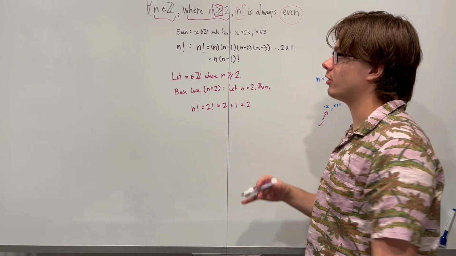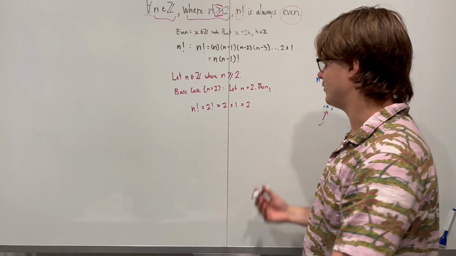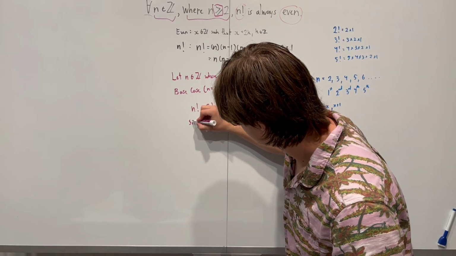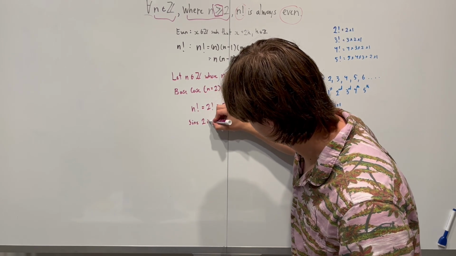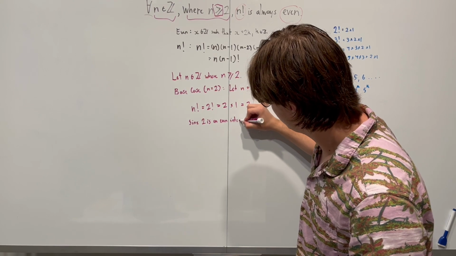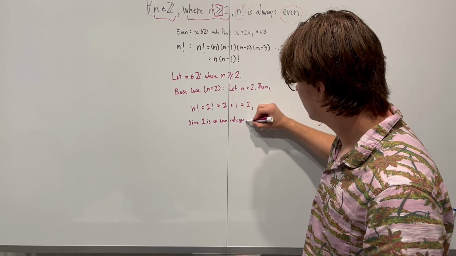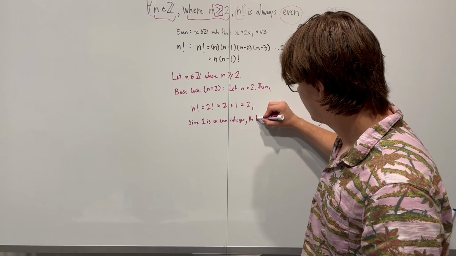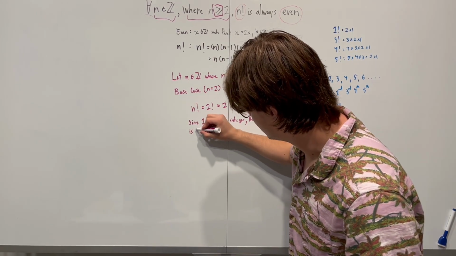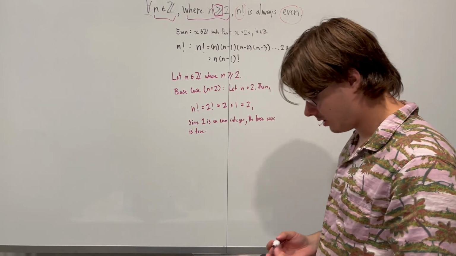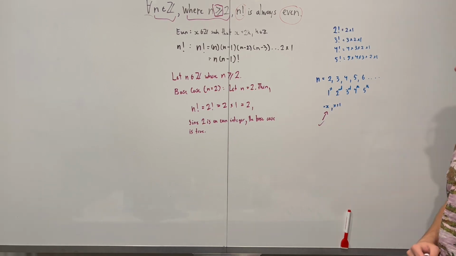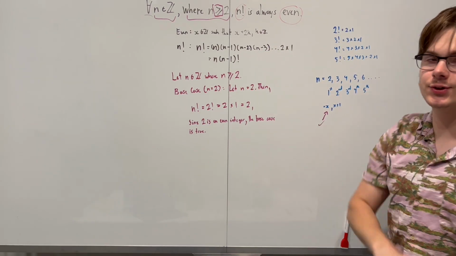I'm just going to assume that our reader already knows that 2 is an even number. So since 2 is an even integer, the base case is true. Awesome. So we've proven that for the first number, this statement is true.